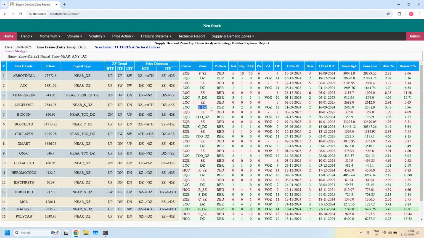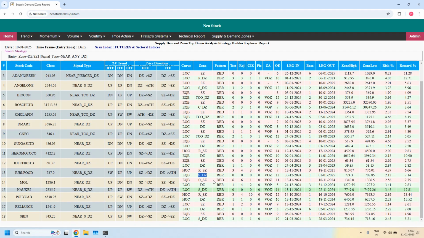Angel 1 is having a high liquidity zone. Bullish is having a high liquidity zone. Jubilant Food is having a high liquidity zone.